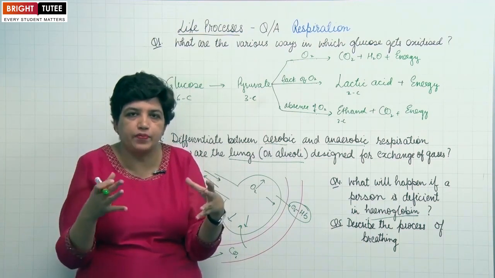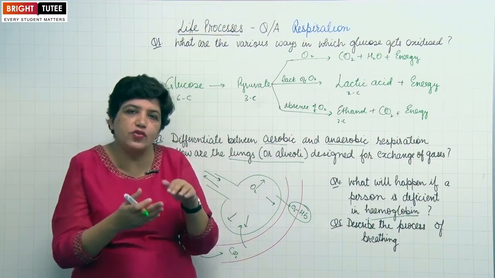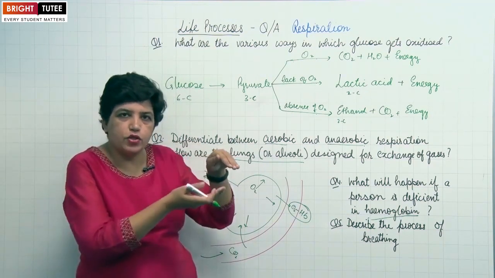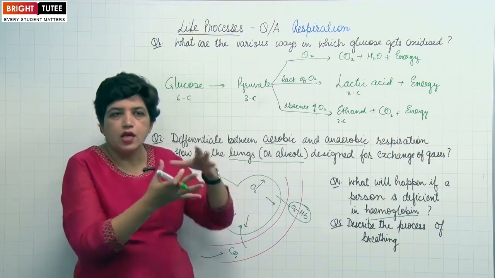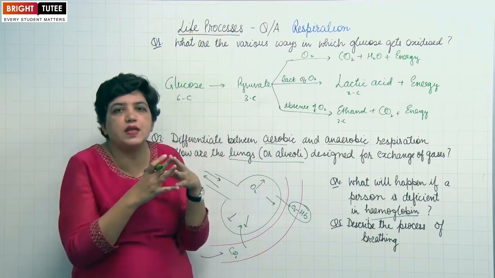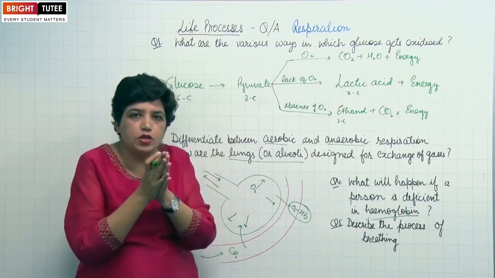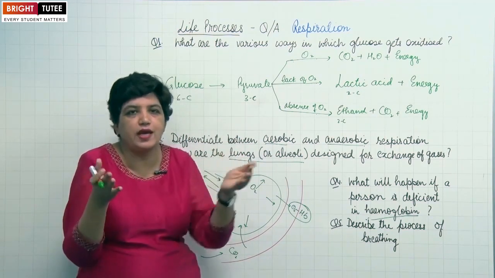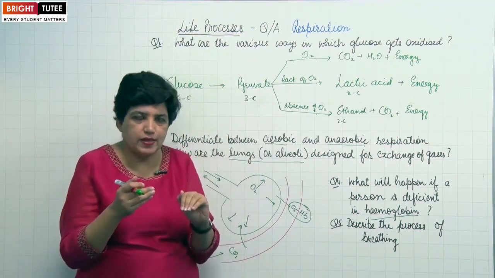It expands them. And the diaphragm, which is a muscle on which the lungs rest, is curved. So during breathing in, it contracts and becomes straightened. So this process increases our thoracic cavity and the air enters inside because there is low pressure inside. Once the lungs expand, the air enters inside.